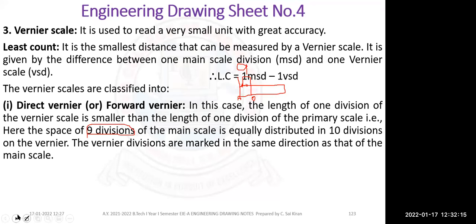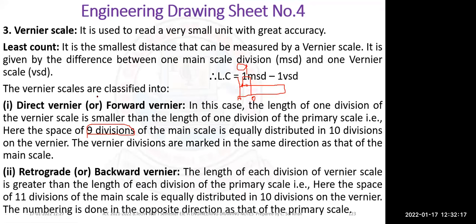And similarly, if you are using the backward scale, this is my normal scale, and again I have made it as a plain scale. In the plain scale, this is my main divisions, this is my sub divisions. So I will take one more unit.